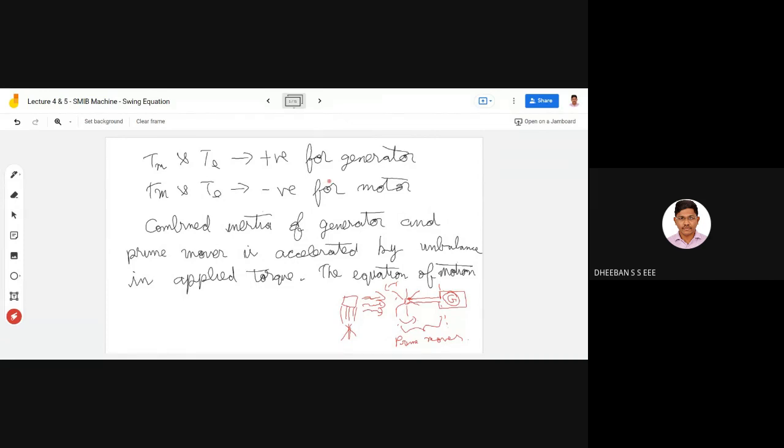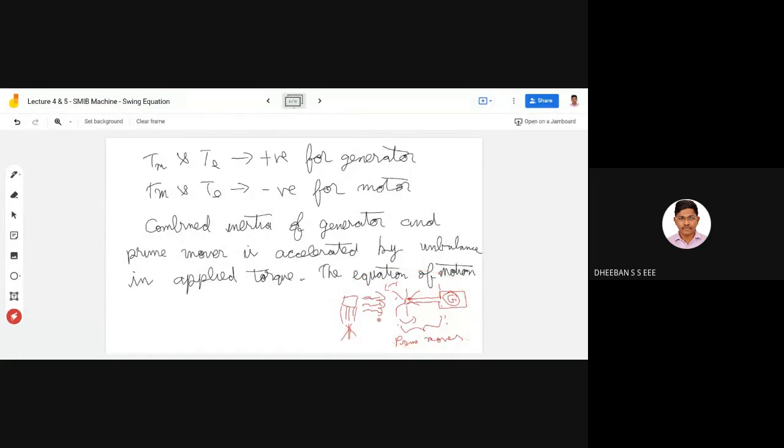This we have also already seen. If Tm and Te are positive, then it corresponds to the generator mode of action, and if Tm and Te are negative, then it corresponds to the motoring action. The combined inertia of the generator and the prime mover has to be taken into account, which I have told through this diagram.